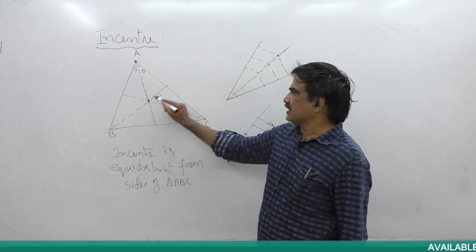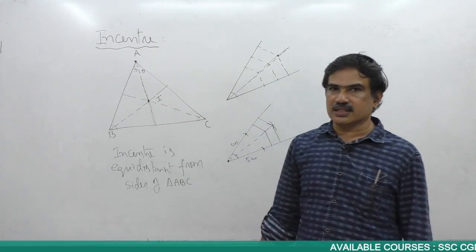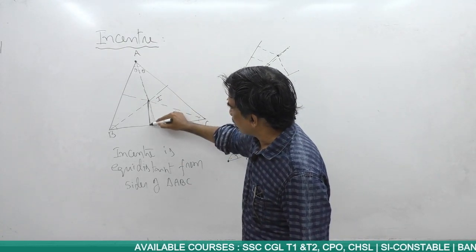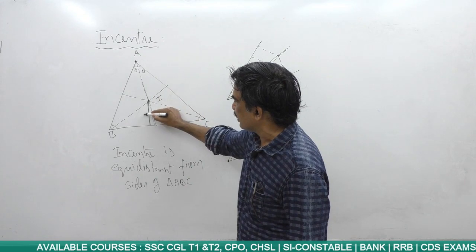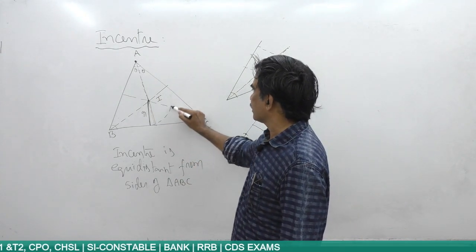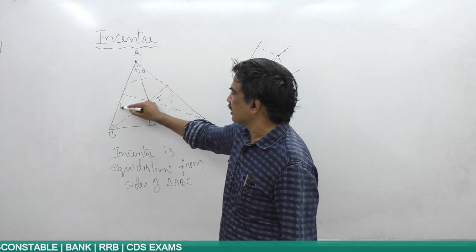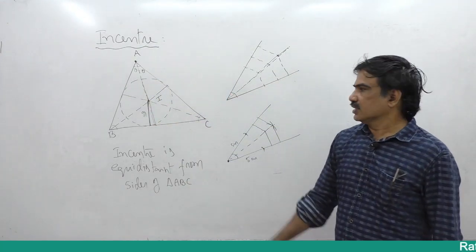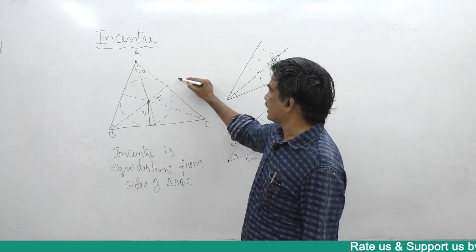If this point is equidistant from the three sides, the distance from this to this is considered as a radius r. If you draw a circle, that circle touches all three sides of the triangle. The circle is called the incircle.